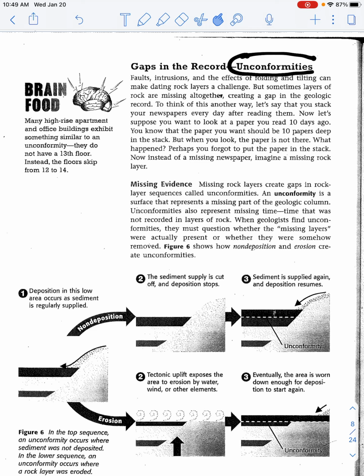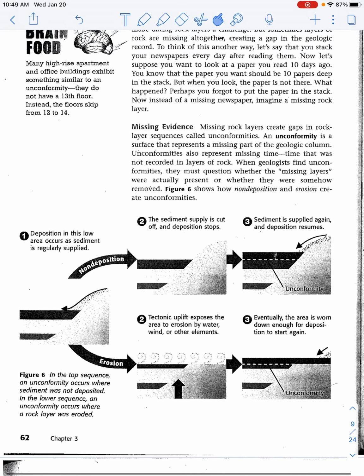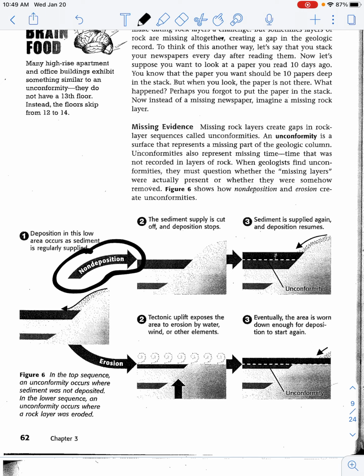So let's look down. There are two ways that missing rock layers can be created. The first one is called non-deposition. In non-deposition, there's something in the way of that rock layer being laid down.